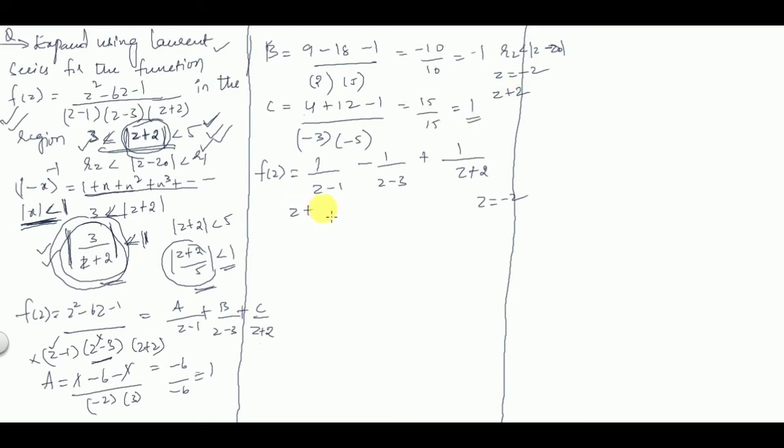Let z plus 2 is equal to p, so z is equal to p minus 2. This consideration is not required for us in this problem.